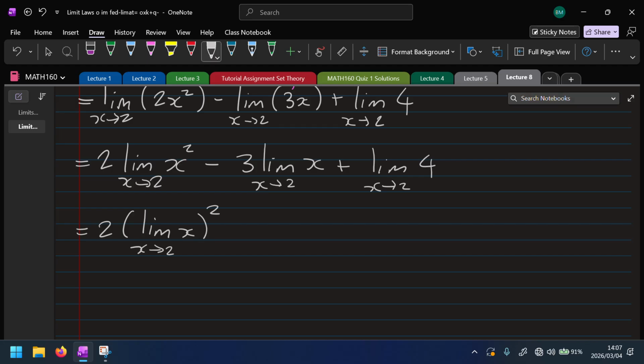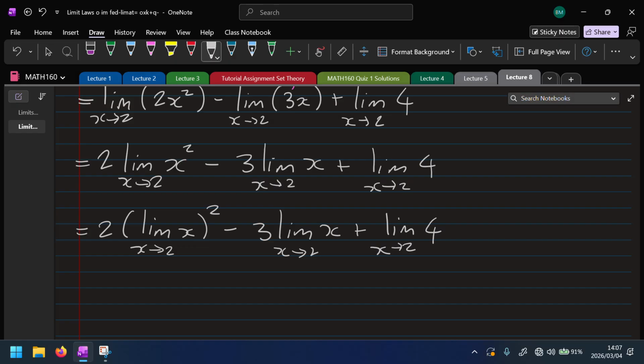Have a look at what we did with the limits going inside the brackets. Then minus 3 times the limit as x goes to 2 of x, plus the limit as x goes to 2 of 4.